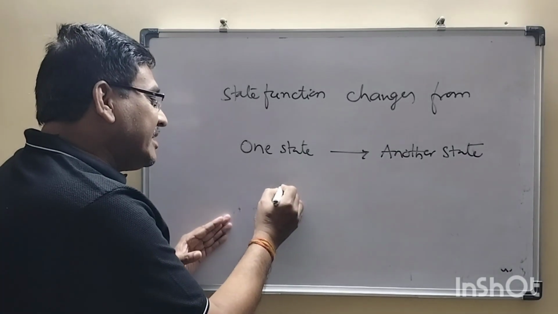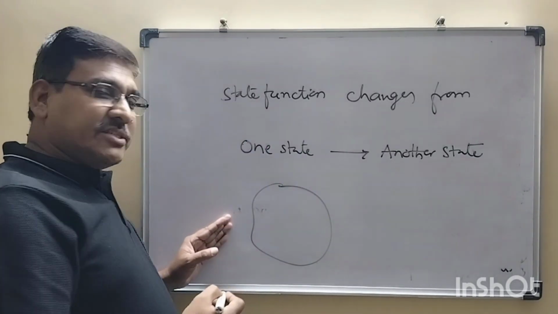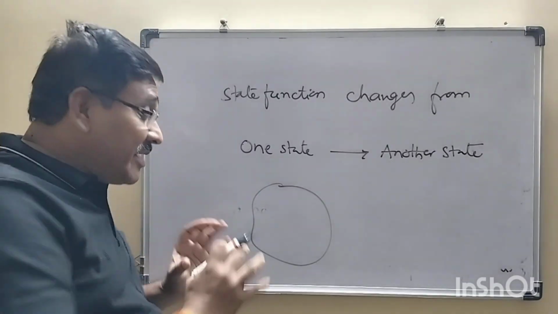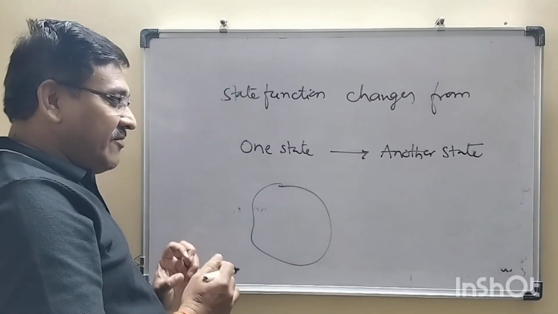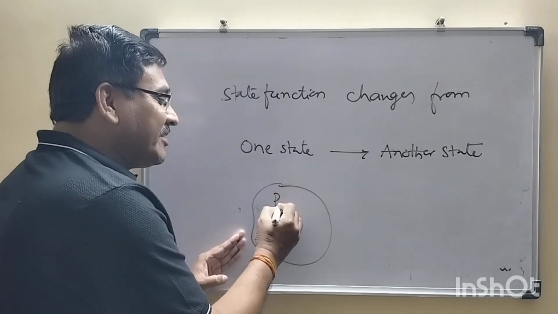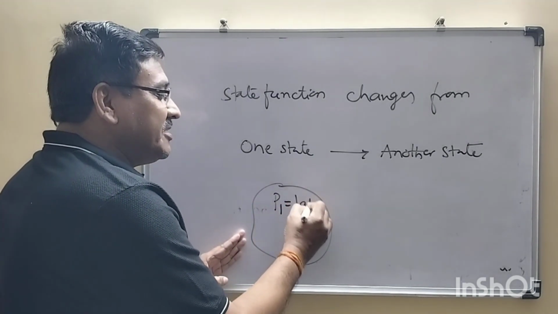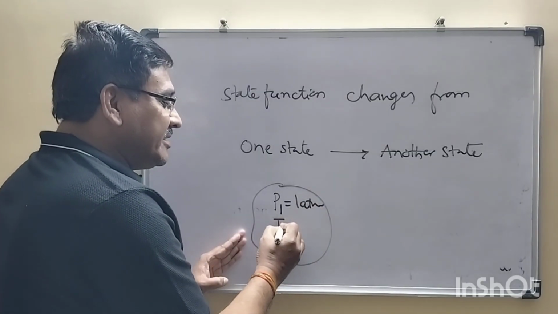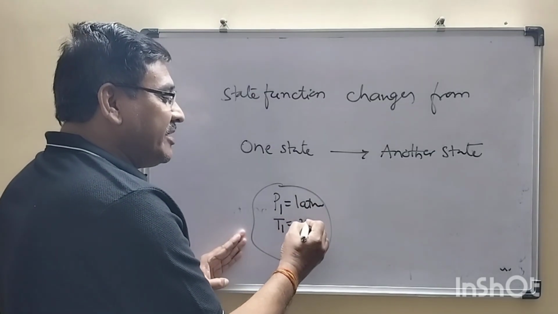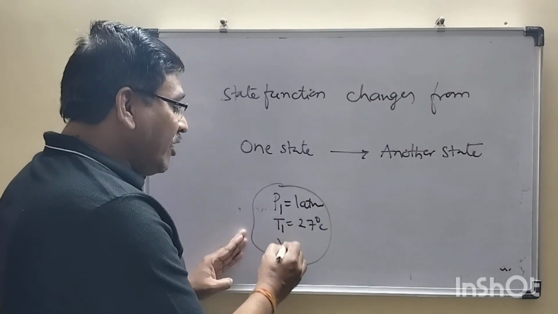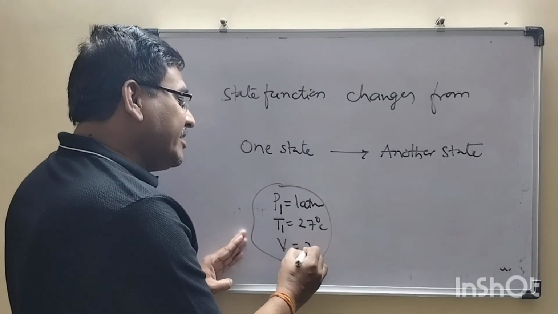Let us say that this is one system. I am defining the system with some state variables. Let us say it has a pressure P1 of 1 atmosphere, temperature T1 of 27 degrees centigrade, and volume V1 of 20 liters.